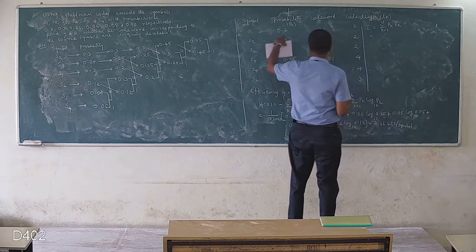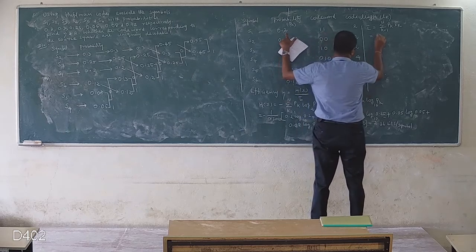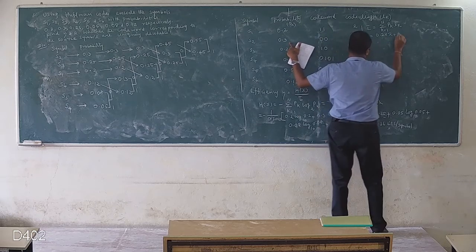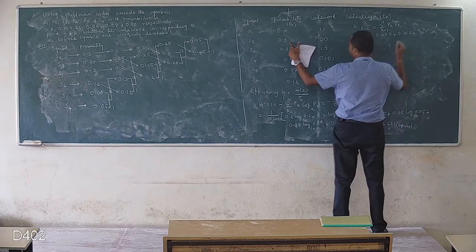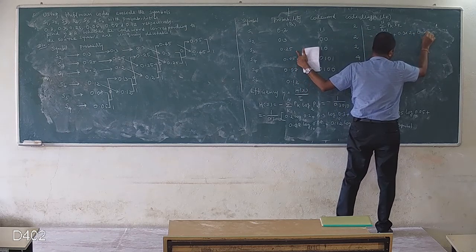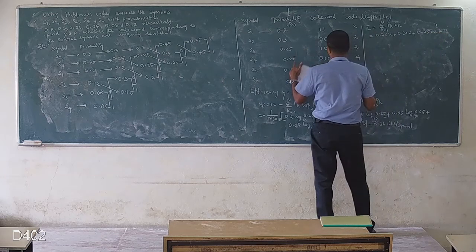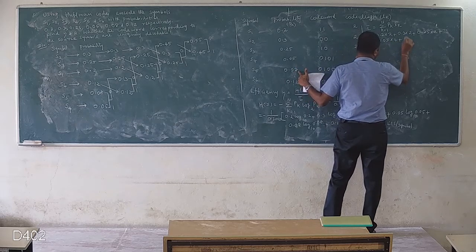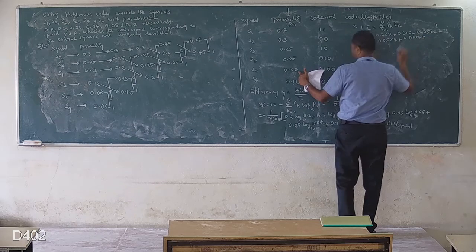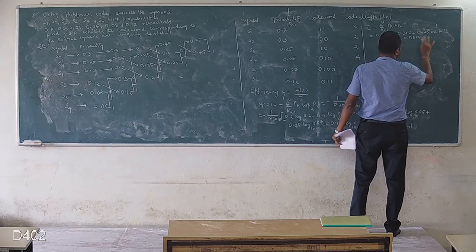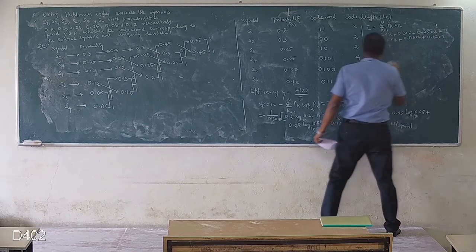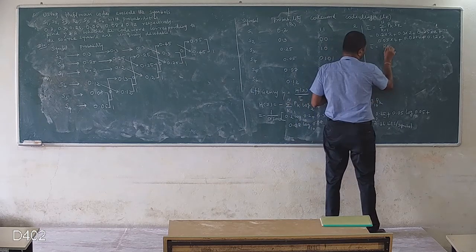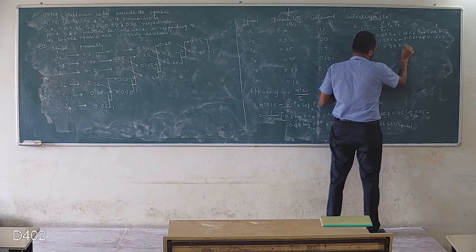By substituting the probability of occurrence and length, that is 0.2 into 2 plus 0.3 into 2 plus 0.25 into 2 plus 0.05 into 4 plus 0.08 into 4 plus 0.12 into 3, you will get the value for L bar as 2.38 bits per symbol.